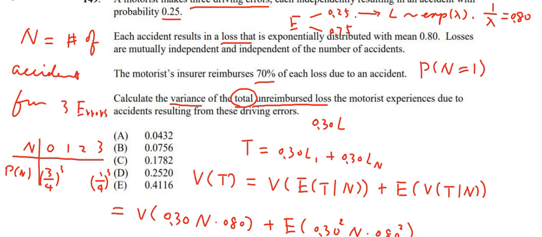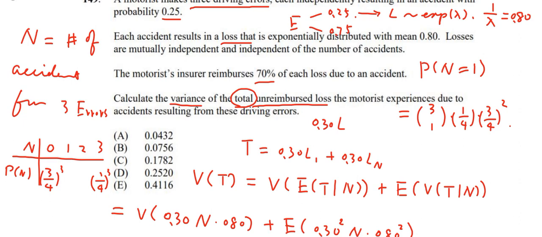So there's a probability equal to, we just choose 3, pick 1. So this thing happens 1 over 4. A car accident happens 1 over 4, and not happens 3 over 4, so 3 over 4 squared, right? So this is just the binomial distribution. And also we can find P of N equal 2.